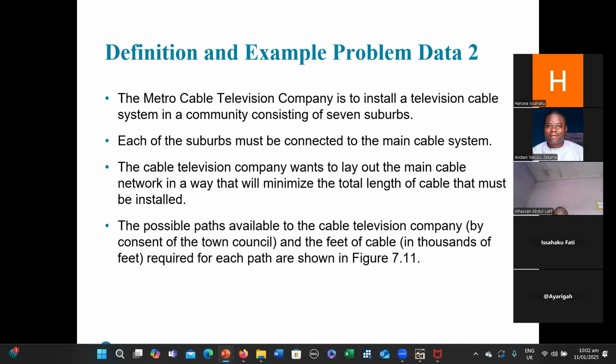So this is a cable television company that wants to lay cables, but it wants to use the smallest quantity of cables possible because resources are scarce and limited.